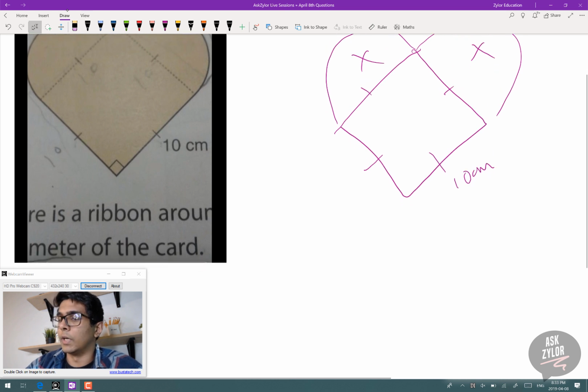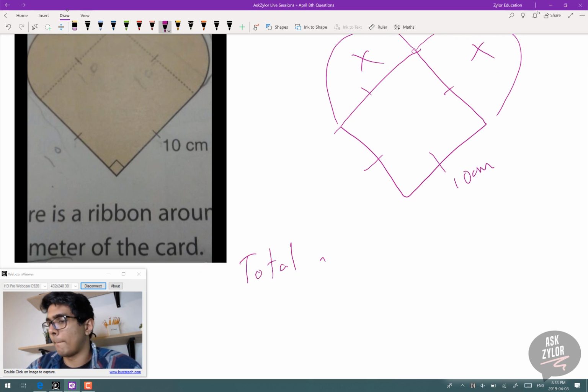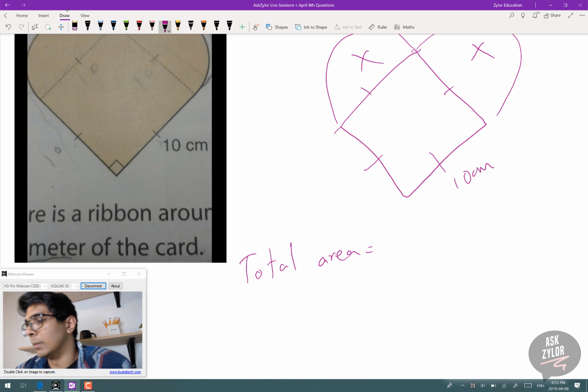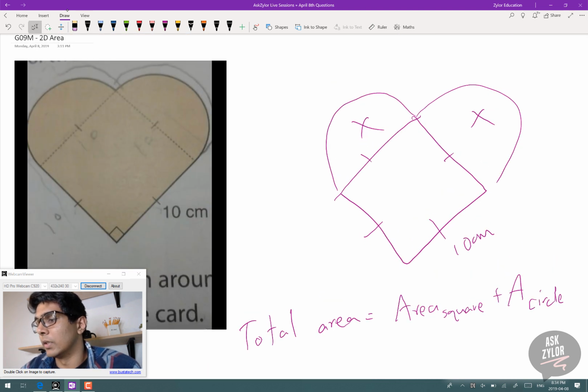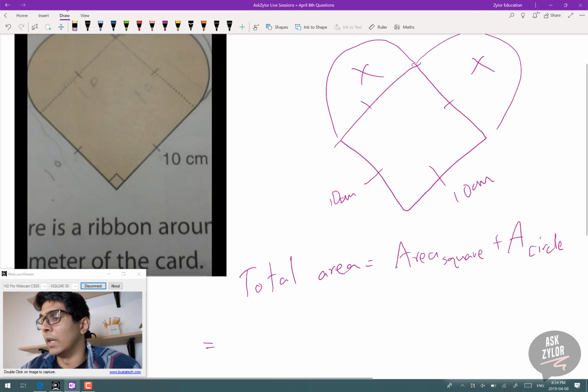So I can simply say my total area is going to be my area of my square and my area of my circle. The area of the square is going to be, each side is 10 centimeters, so it's length times width.